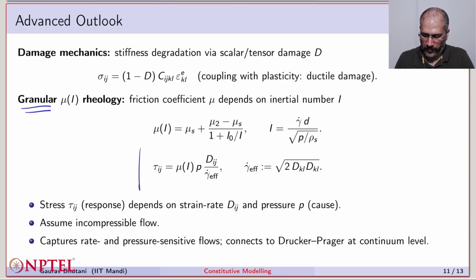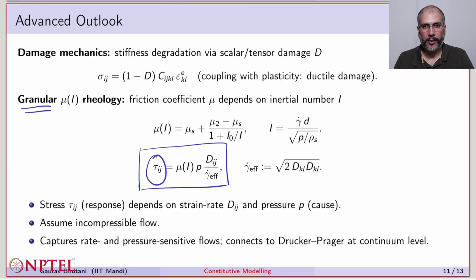So, the constitutive law that we use is something like this, where our tau, that is the deviatoric part of the stress tensor, the response, depends on the rate of deformation tensor D, like we had in fluids, but there's also an effect of pressure.